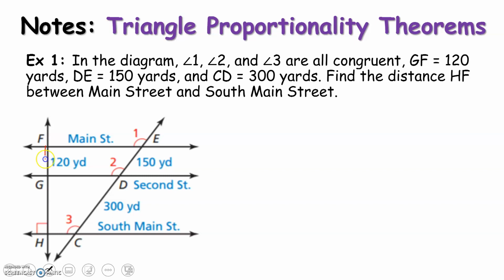So we would like to find this full distance here. The first thing we're going to do is find our shorter distance, GH. Now, according to our three parallel lines theorem, we know the following. We know that FG over GH is proportional to ED over DC.